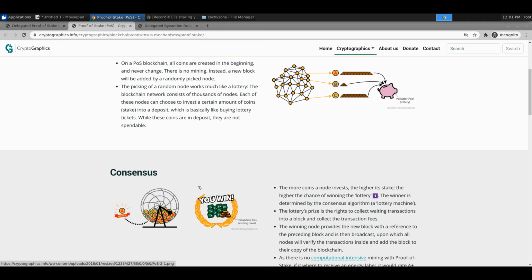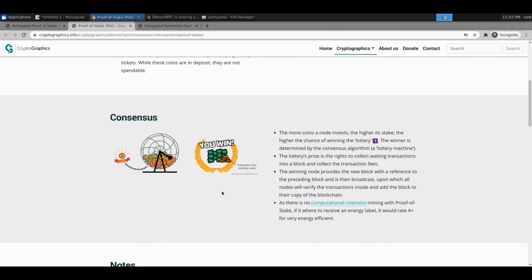They put them in, it's like a lottery system, and then they pick one, and if it's yours, you get that block. That's the very basics. Obviously, every cryptocurrency changes some things about that, but that's the very basics of it. Obviously this guy's going to win a lot more because he has a lot more.